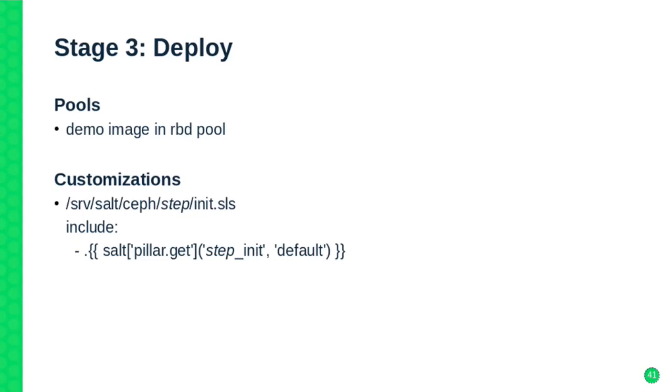This way, you can make changes to the Salt pillar and override what the Salt states will do, and you don't have to modify these files directly and then worry about an upgrade at some point and having to reconcile the changes that you needed to make because we didn't have the right steps in there for you.